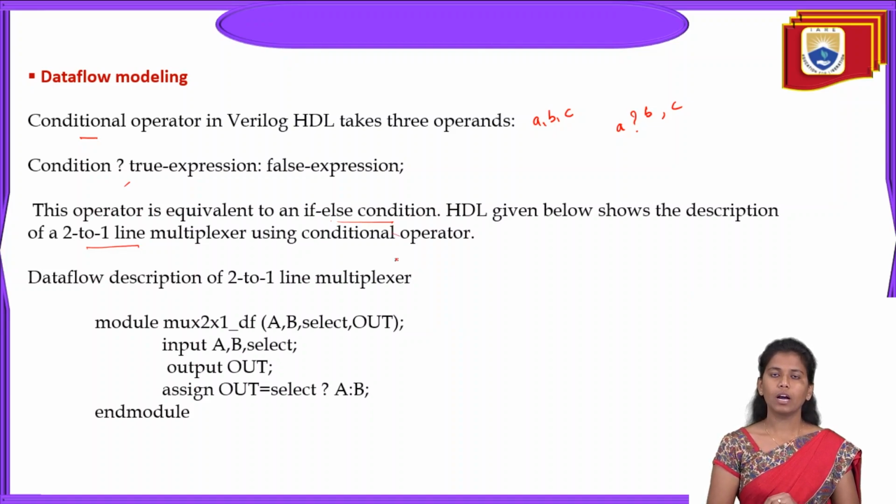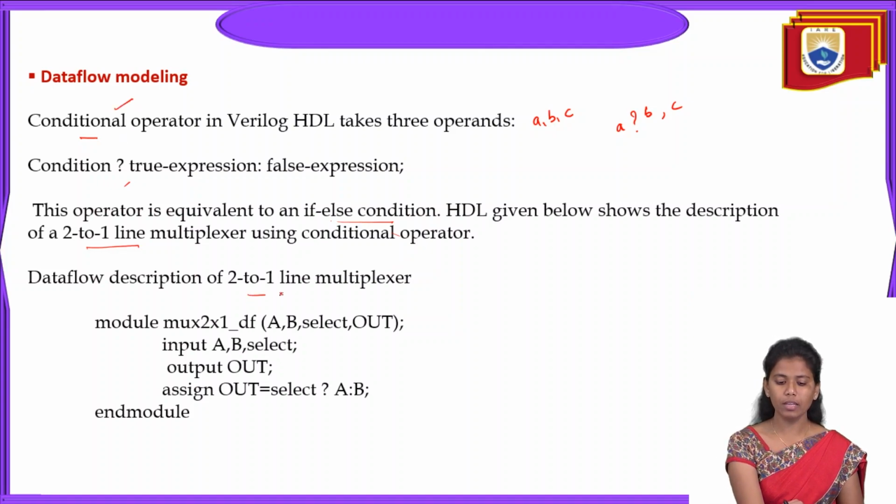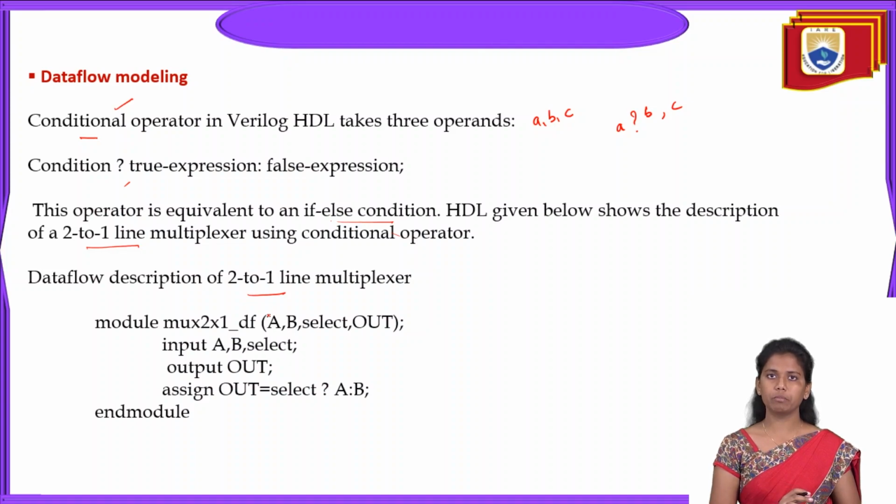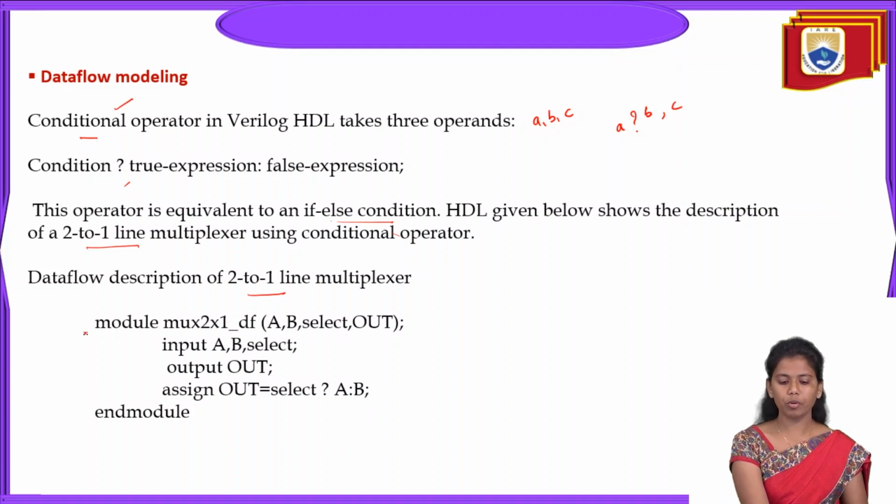So here, as we are discussing these conditional operators, we can show an example with a 2-by-1 multiplexer. By using a 2-by-1 multiplexer as an example, we can easily demonstrate the conditional operators clearly. This is a program for a 2-by-1 multiplexer where we are showing the conditional operator.